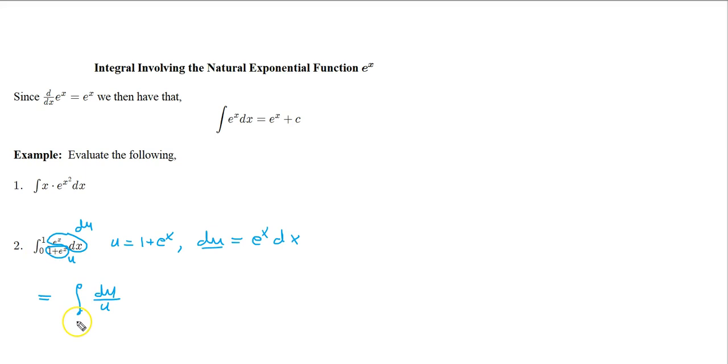The bottom limit of integration is going to be u of 0, and the upper is going to be u of 1. Now if I put 0 in for the x right here, we're going to get 1 plus 1, which is 2. And if I put 1 in here for the x, we're going to get 1 plus e.